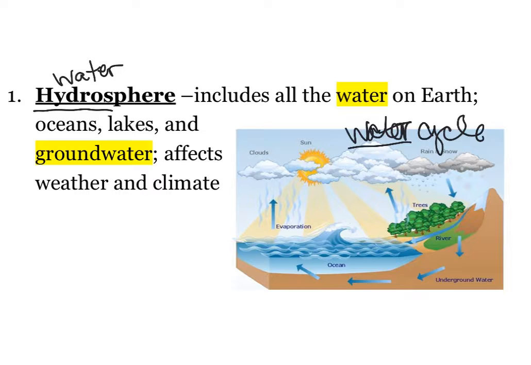So sometimes people will use the words water cycle and hydrosphere to mean the same thing. And this word sphere really just means round. If you're talking about something that is spherical, you're talking about something that is round. It's a 3D shape that is round, like a ball is a sphere. So when we talk about the hydrosphere, we're talking about all the water that is on the Earth. The Earth is a sphere.